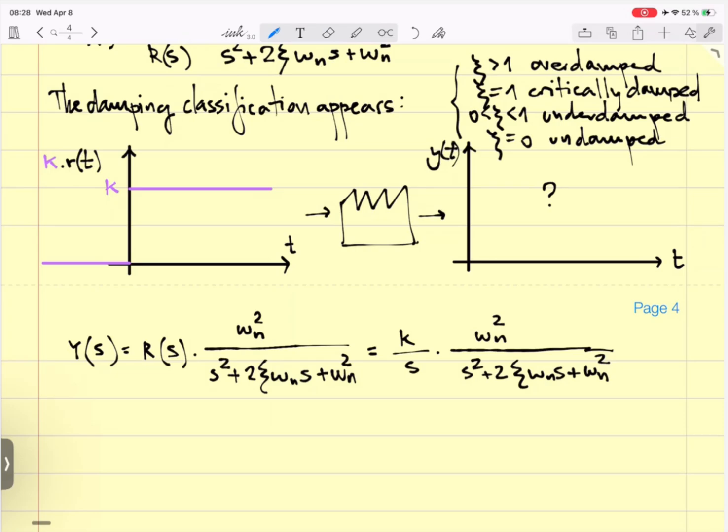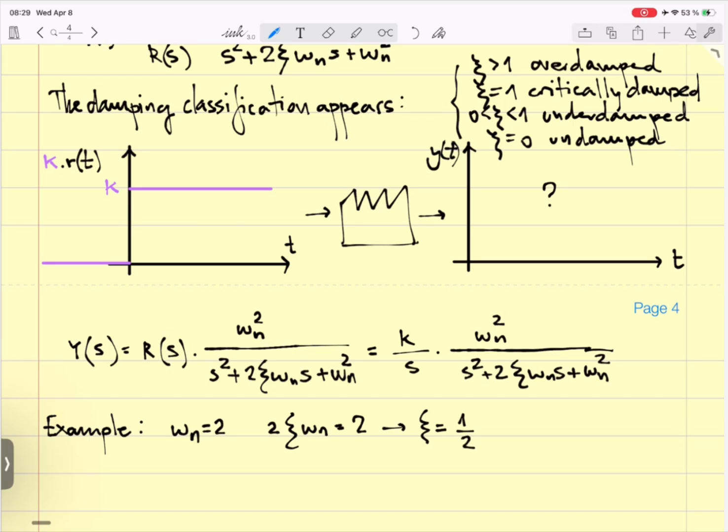Let's take the w sub n in an example to do the calculations faster. Let's take w sub n equal 2 and 2 times xi w sub n also 2, meaning that xi would be 1 divided by 2.